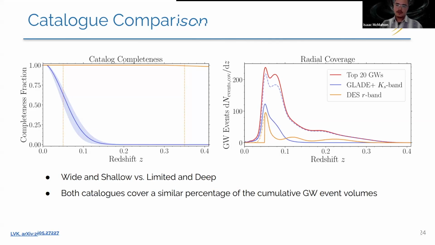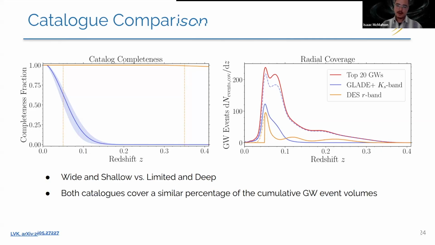And so the dashed lines here on this plot, the dashed blue and dashed orange lines, show the two-dimensional coverage. So only the area coverage of the catalog footprints that overlaps with the gravitational wave event areas. And then the solid lines here, the blue and the orange, denote the three-dimensional coverage. So the three-dimensional overlap between the depth of the catalogs and the gravitational wave event volumes as a function of redshift.